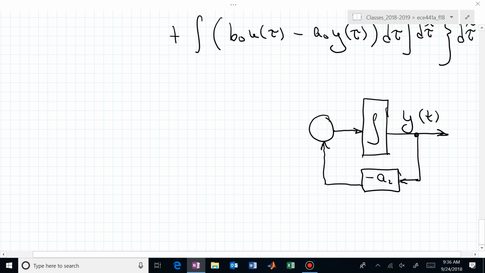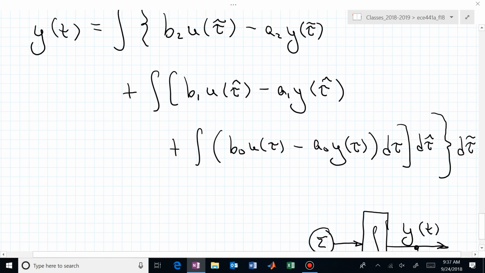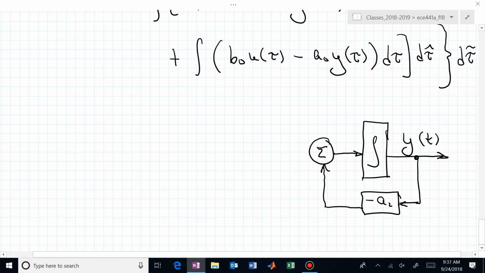It's a lot easier to draw when you're sitting down and not on a tablet, and you have something a little bit more tactile than a glass screen to write on. What else does this have? It also has a scaled input, B2, and now I'm going to have my input coming along here and say there's B2.